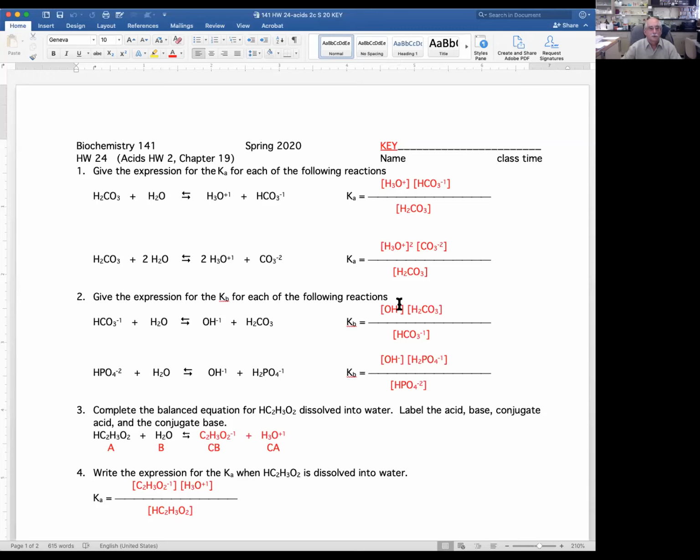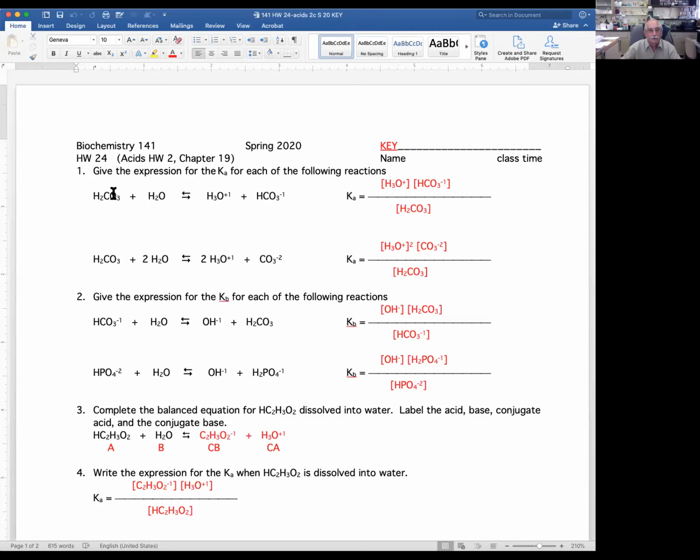Okay, so here's homework 24. What I was trying to get you to do over here is simply get good at writing the equilibrium expression. So it's products over reactants, and I leave out water. Same thing over here, products over reactants, leave out water.